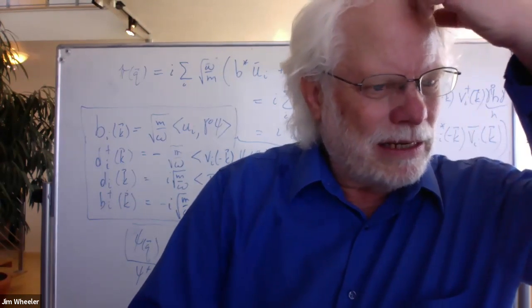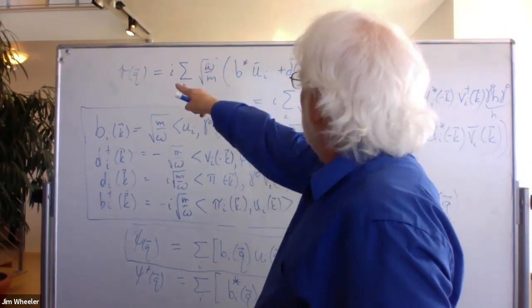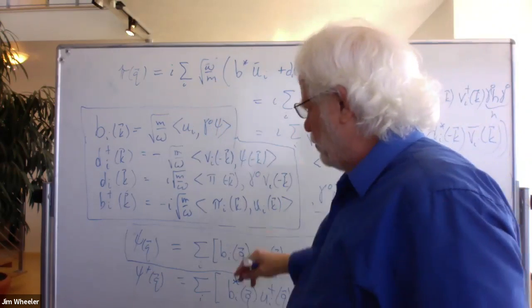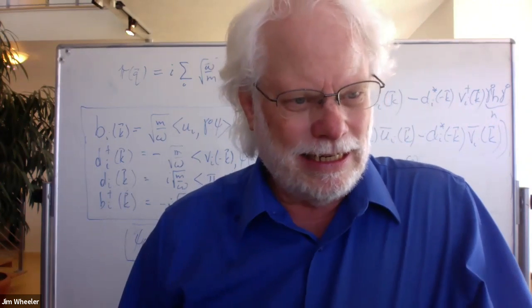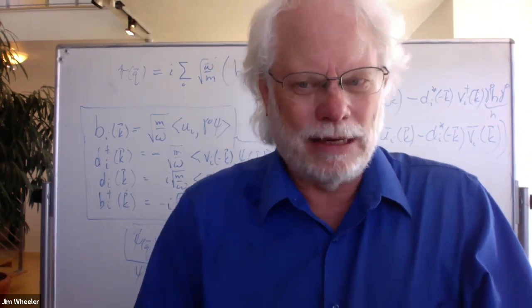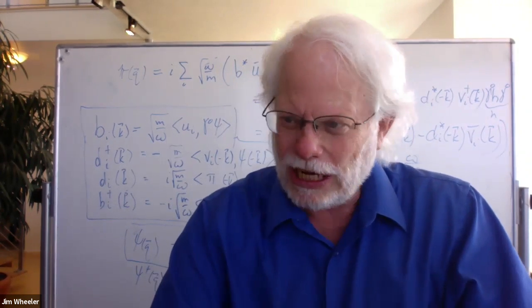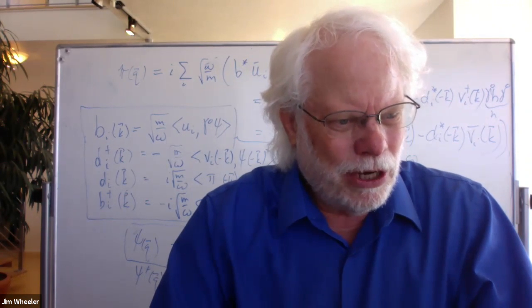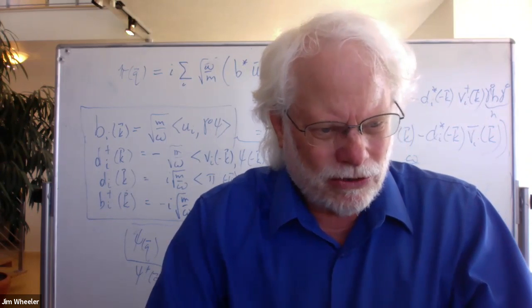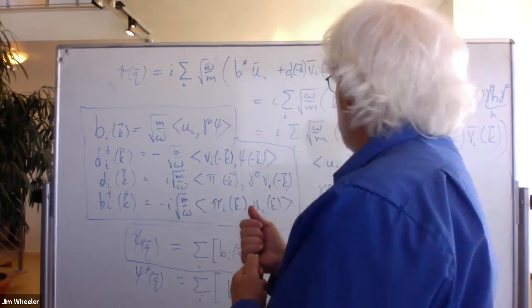I've erased my solutions for the fields, but put hats on everything. It's B and D that get hats and become operators, and complex conjugates now become daggers. And we impose canonical commutation relations on psi and pi.